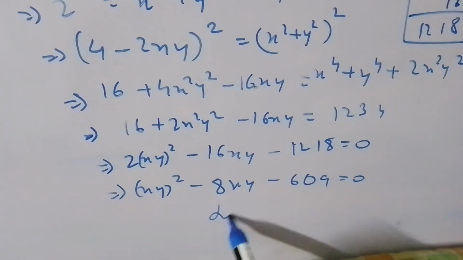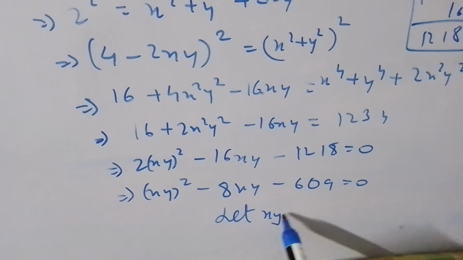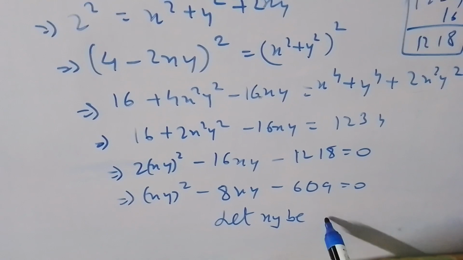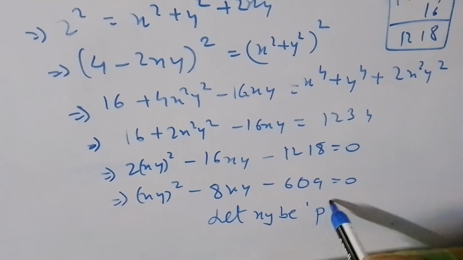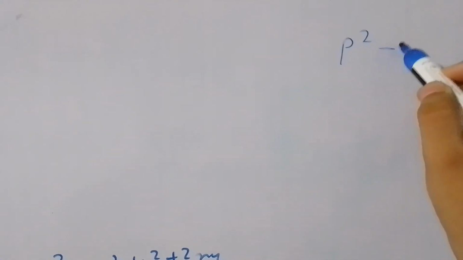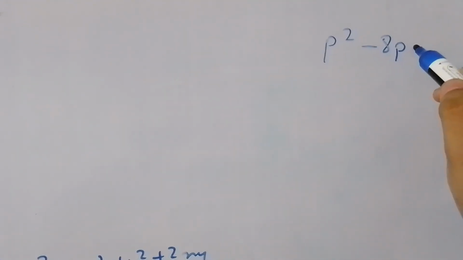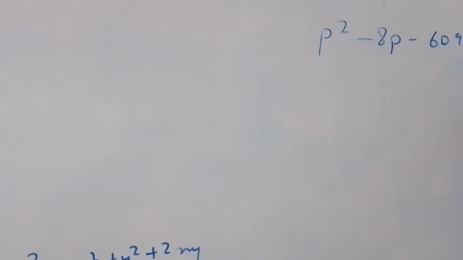Now let us consider that xy be some p. Now I am solving it here. What is the equation? It's p square minus 8p minus 609 equals 0.